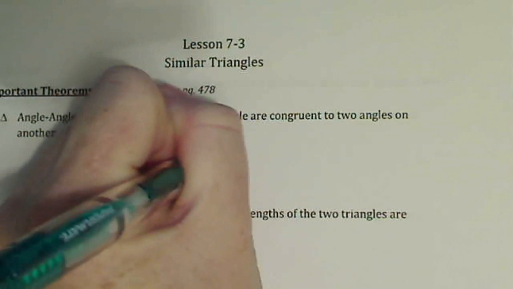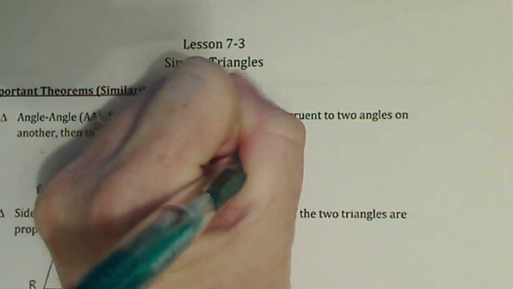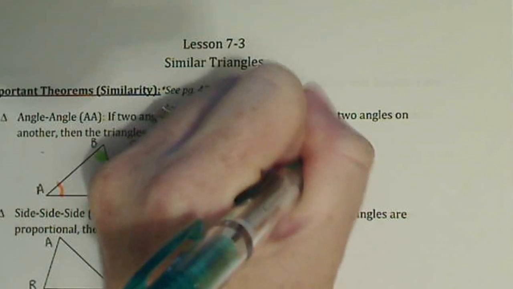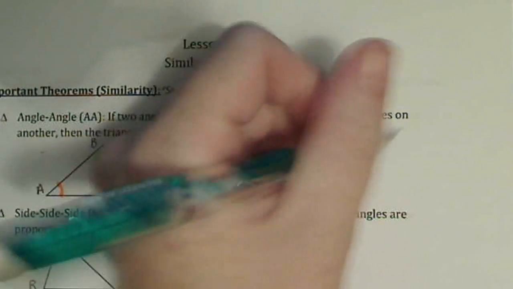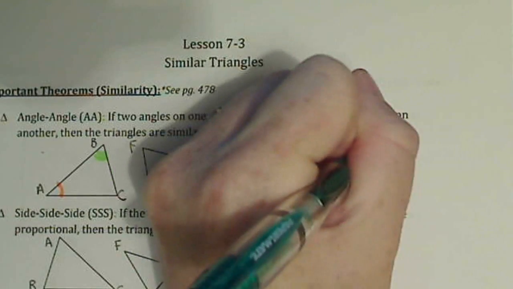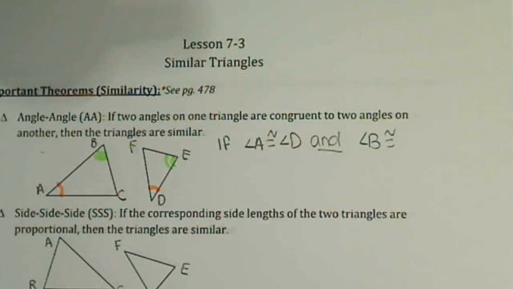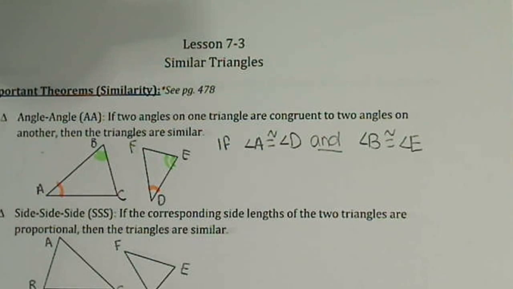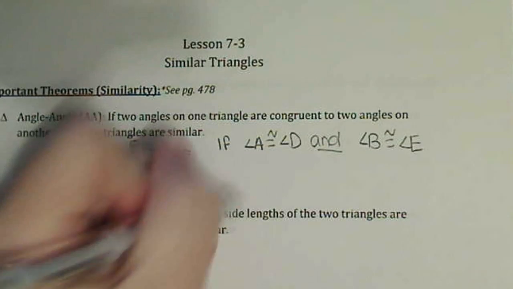So let's write that out. If angle A is congruent to angle D, and, very important, two angles, angle B is congruent to angle E, because we have two congruent angles, we can say that these triangles are similar.